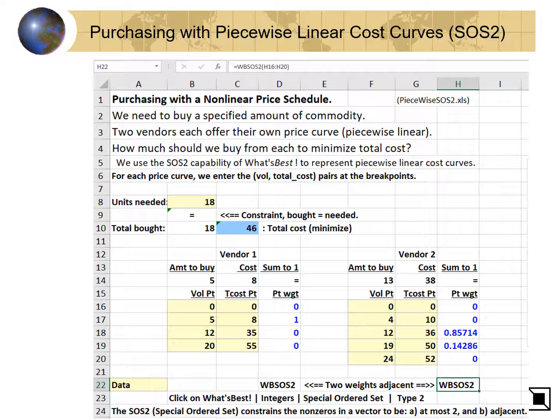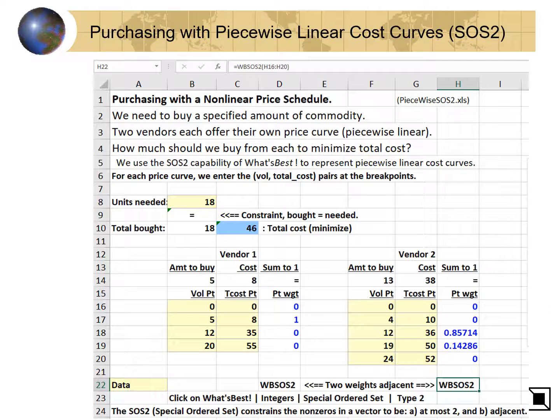Vendor 1, for example, says if you want to buy 12 units, that's going to cost you $35. If you want to buy 20 units, it's going to cost you $55. And we're going to use linear interpolation for any values in between.